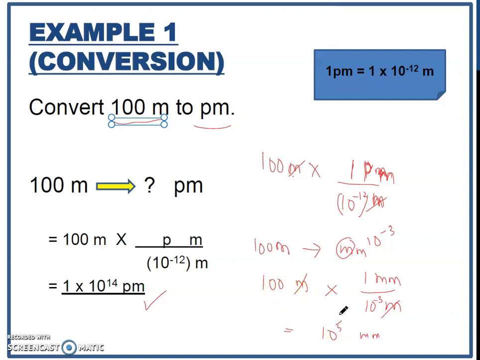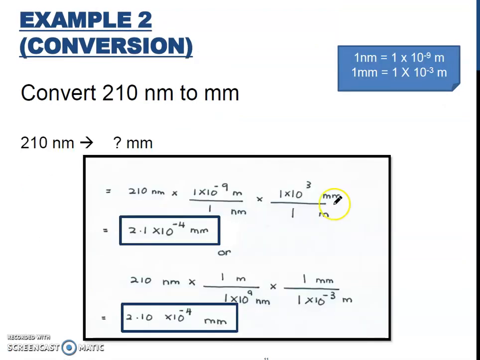Tekan kalkulator. Alright. So, ini contoh lain bila you ada another prefix to another prefix. Okay. So, another prefix to another prefix, konsep dia kita kena 2 kali convert. Okay. Maksud dia apa? 2 kali conversion factor. Okay. 210 nanometer. Okay. Tukar dulu kepada meter, which is the SI unit.